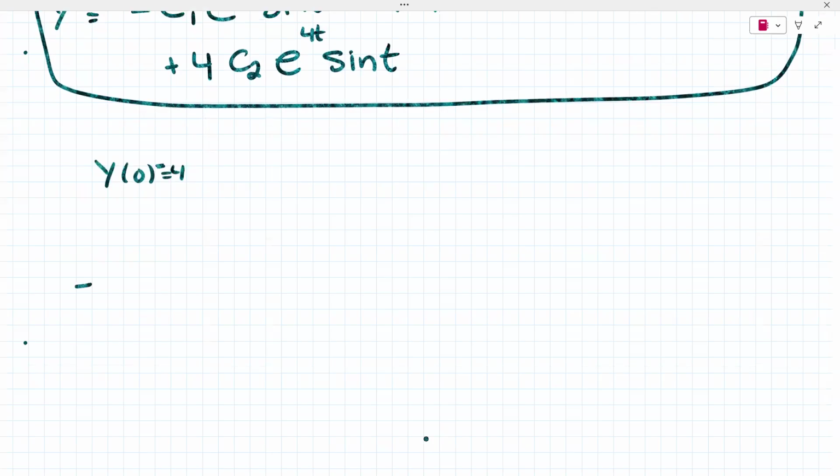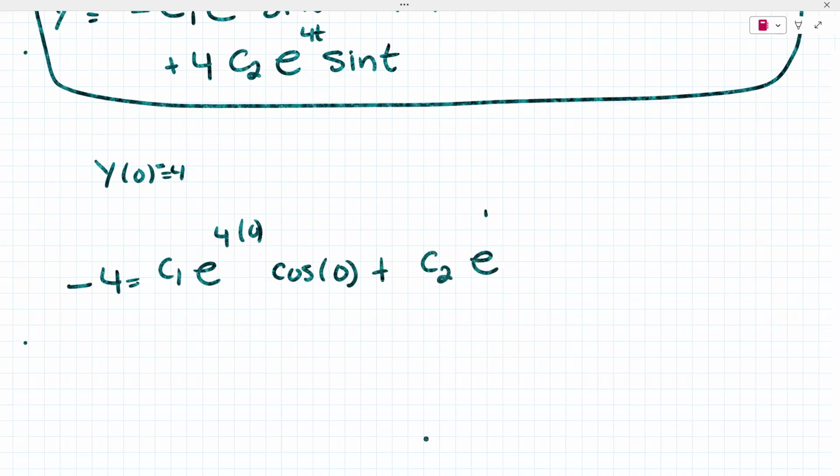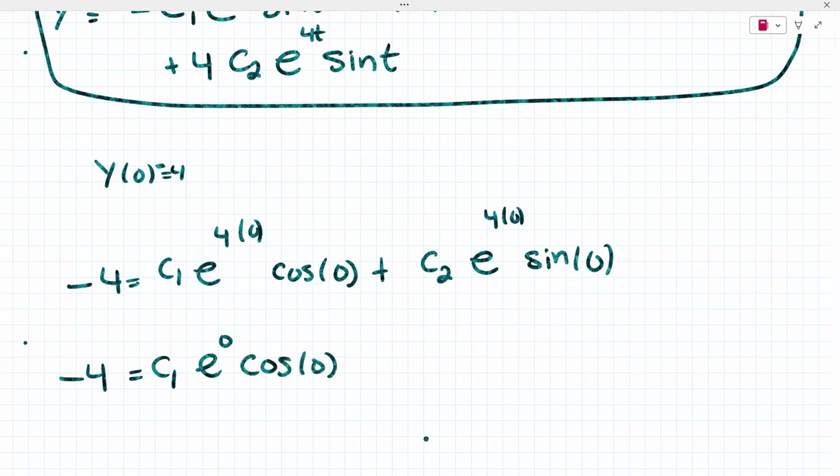So that would be negative 4 equals C1 e to the 4 times 0, cosine of 0 plus C2 e to the 4 times 0, sine of 0. And that gives you negative 4 equals C1 e to the 0, cosine of 0 plus C2 e to the 0, sine of 0.